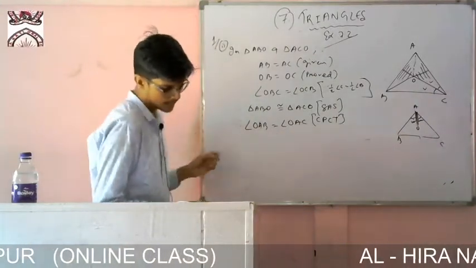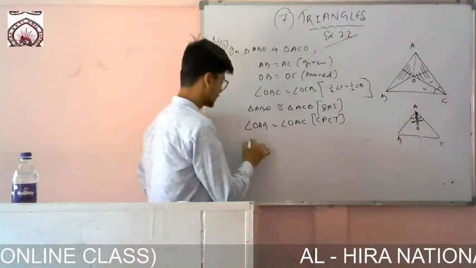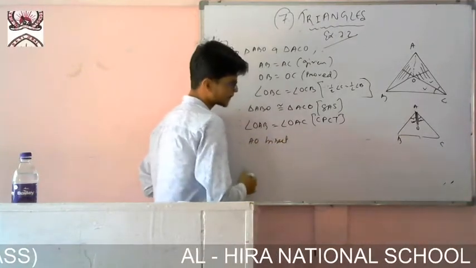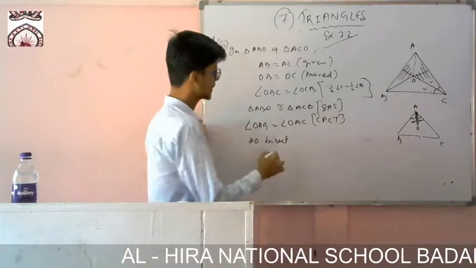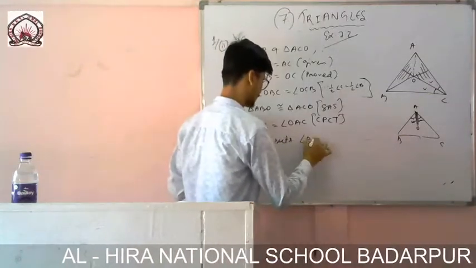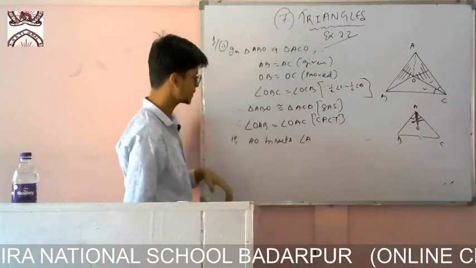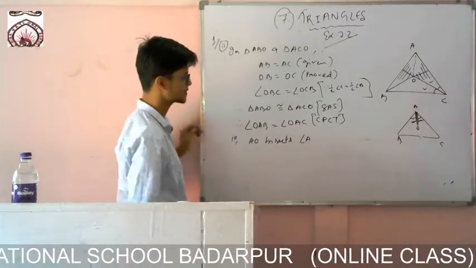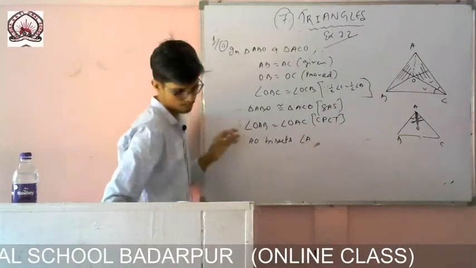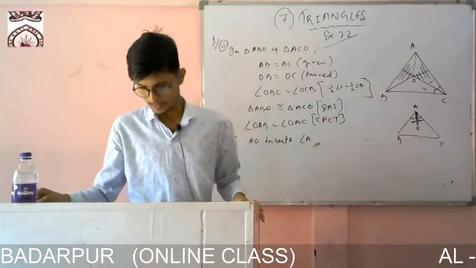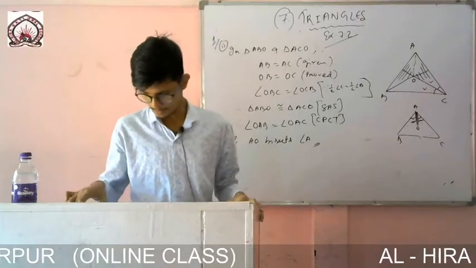Therefore AO bisects angle A. Hence proved, or showed, what is given here. Now let us move to the next one.